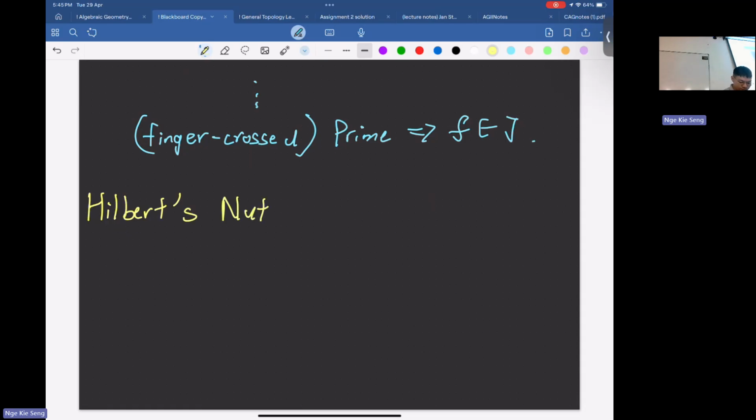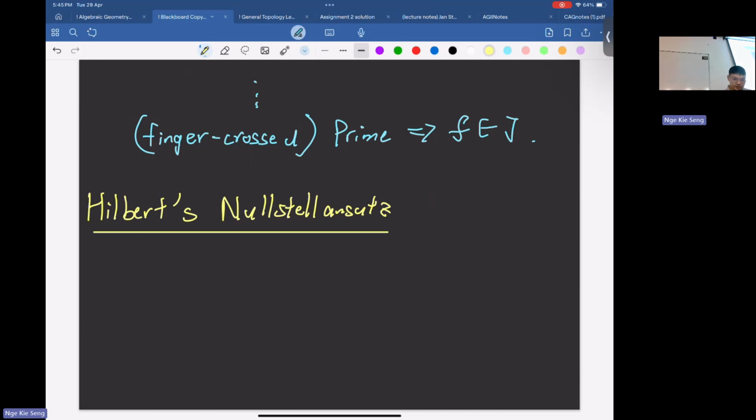Okay, I think we don't have time to prove it, but we're going to state it properly. We're going to understand it properly before we prove it in the next lecture. So this is Hilbert's Nullstellensatz. Actually, it's called the Hilbert zero theorem here. Nullstellensatz is a German word. So let K be algebraically closed. You see, just now we got a case that's not algebraically closed, right?